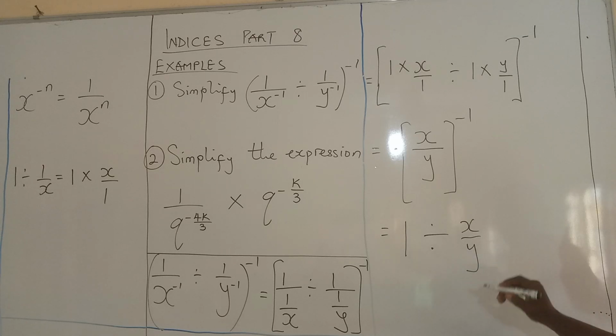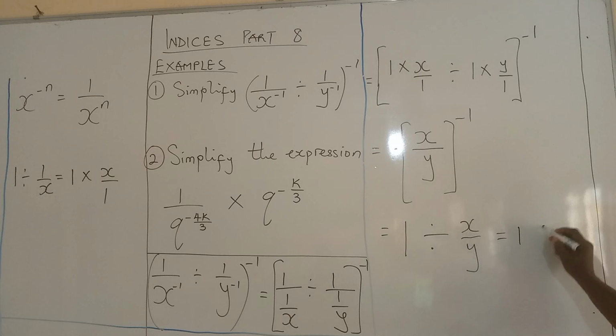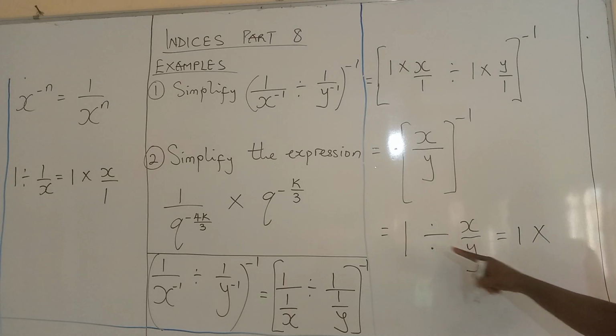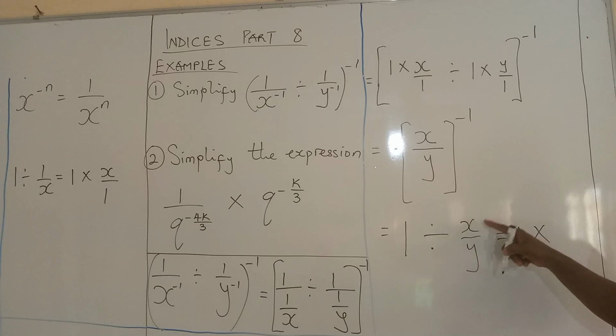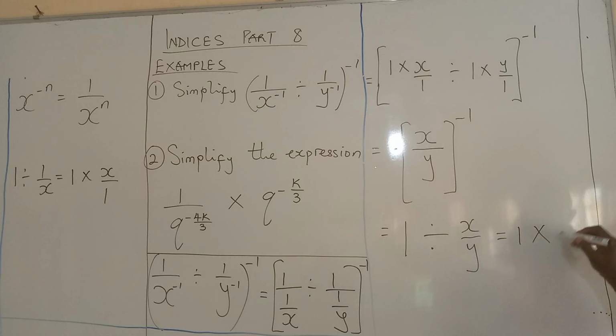And so this will give us 1 times, when you change this to multiplication, what is down will go up and what is up will come down. So y will go up and x will come down, which will give us y over x as the answer. That's the answer to question number 1.